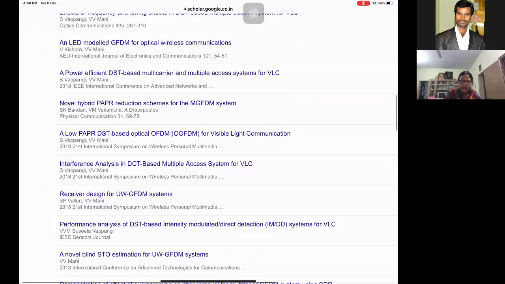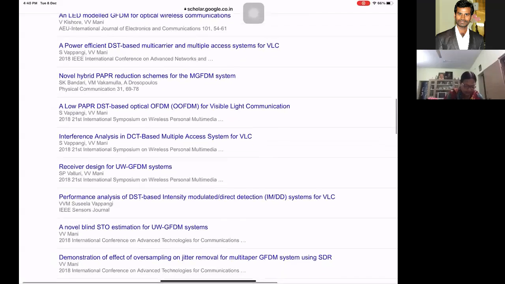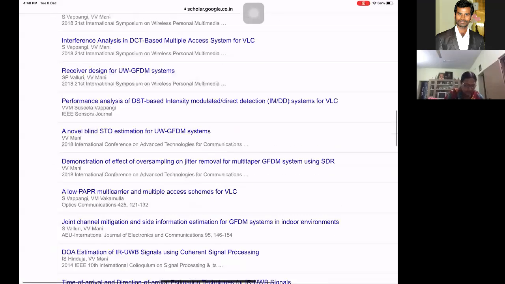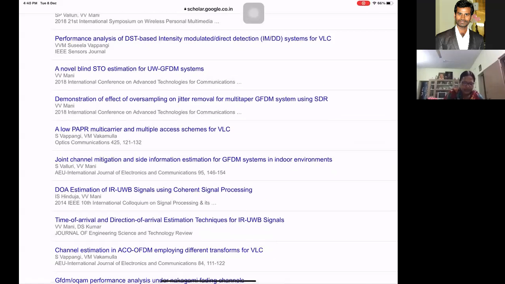And nice papers on VLC. If you want to really understand what VLC is and how it works, you can see Shushila Wapangi's paper, low PAPR multi-carrier and multiple access schemes for VLC. It's easy to understand, a very simple paper, normal basic mathematics. There is no hardness in the math.